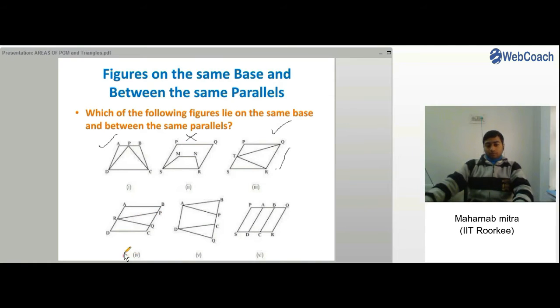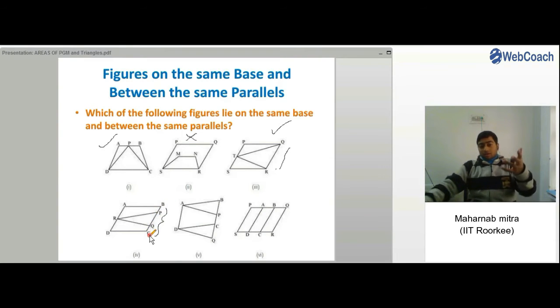So this is the case where figures lie on the same base and between the same parallels. Let us take the fourth one. Now, even if you see from any angle, they don't have a common base, right? The least we can find is this side, where we have the base of this triangle PQ and the base of the parallelogram as BC.